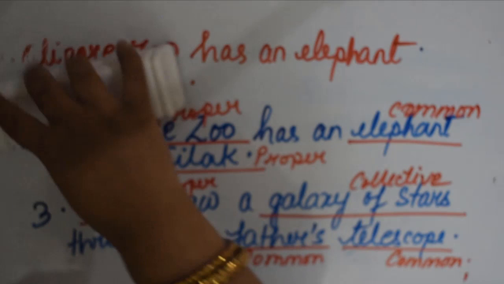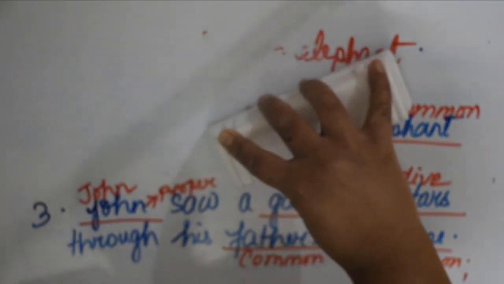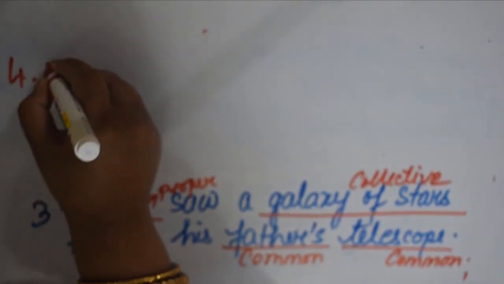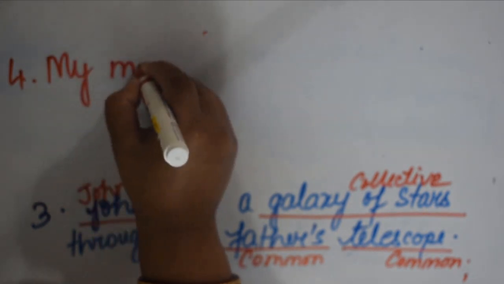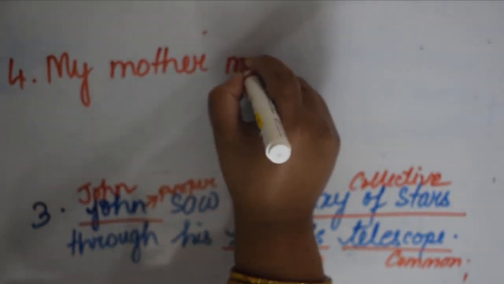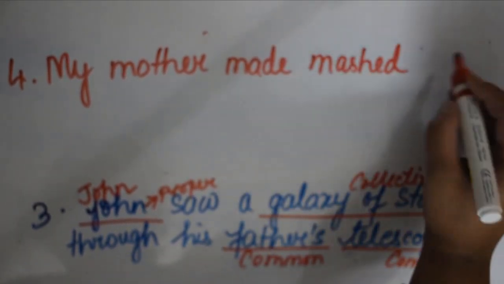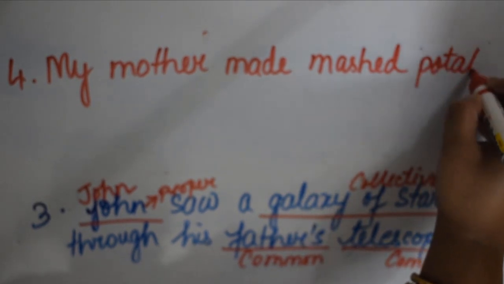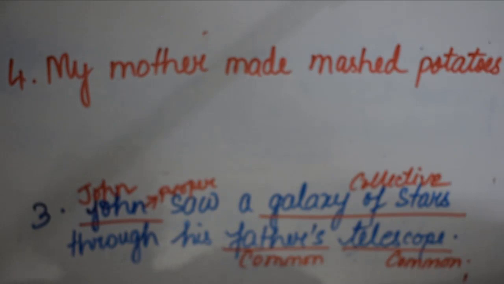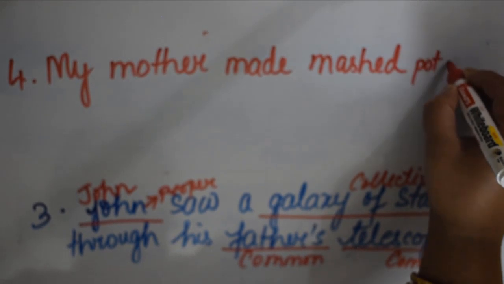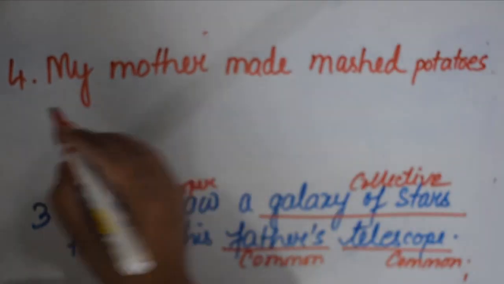Our fourth sentence was, my mother made mashed potatoes yesterday.